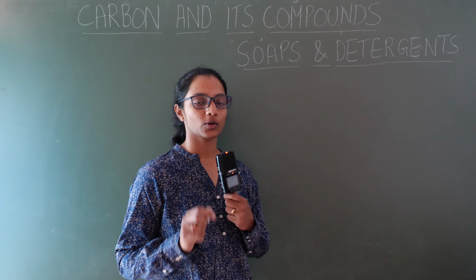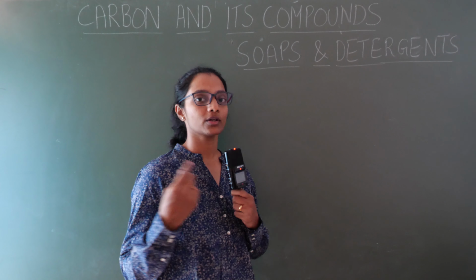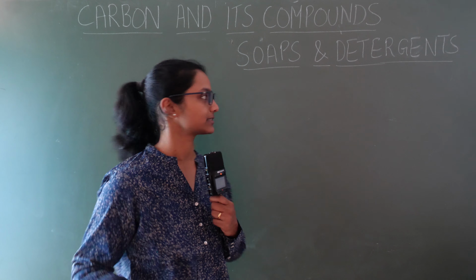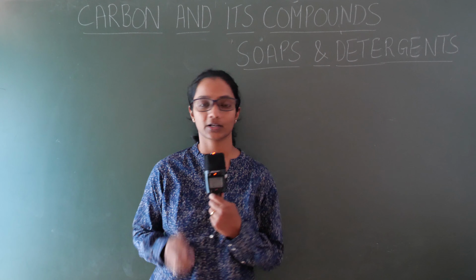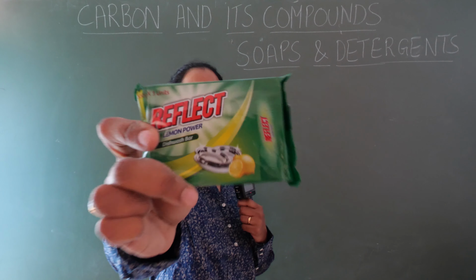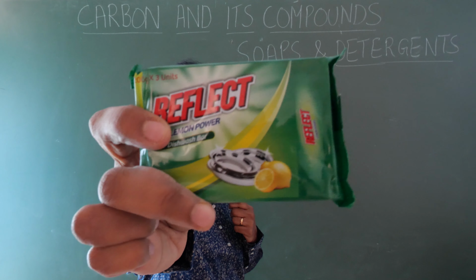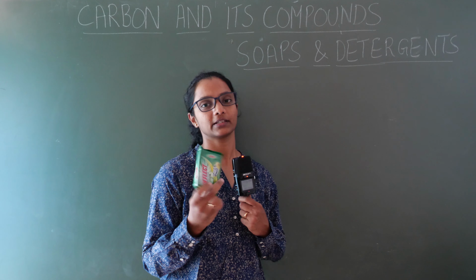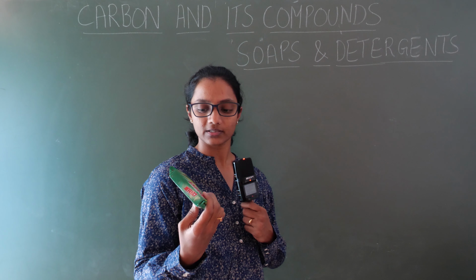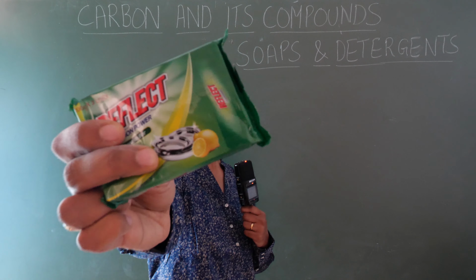So children, soaps have molecules of sodium or potassium salts of long chain carboxylic acids. Let's reason it out. Now I have this soap in front of me. Just observe it carefully. This is the soap that is used to wash utensils. When we observe this, there is a picture of lemon on it.